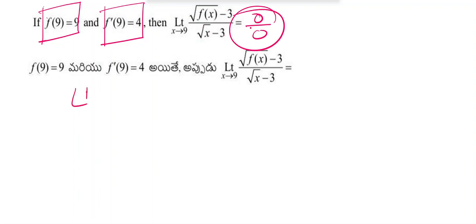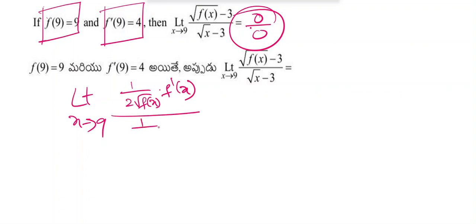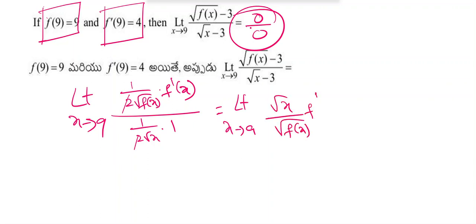So take the derivative of numerator and denominator. Limit x tends to 9. The derivative of root f of x is 1 by 2 root f of x into f dash x, and the derivative of 3 is 0. For the denominator, the derivative of root x is 1 by 2 root x, and the derivative of x is 1, minus 3 derivative is 0. Here the 2 cancels. That is equal to limit x tends to 9 of root x by root f of x into f dash x.